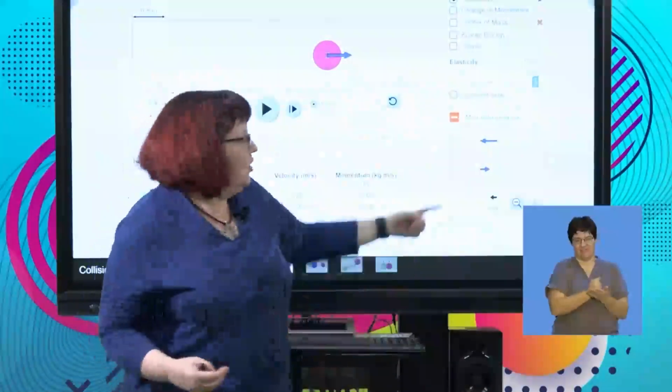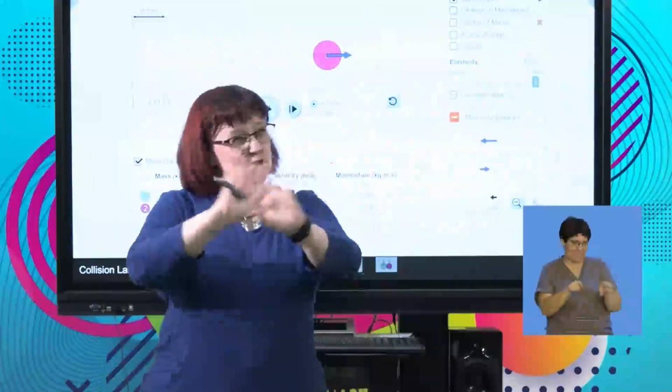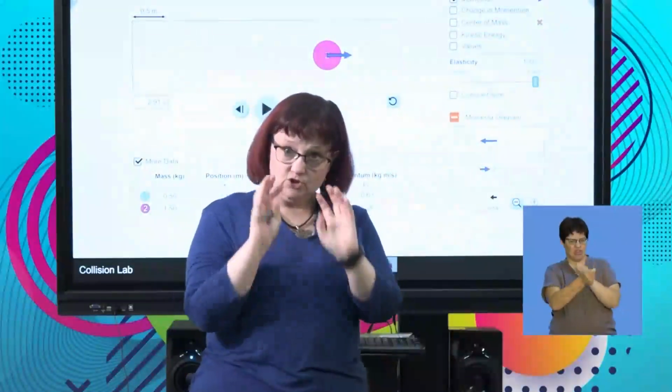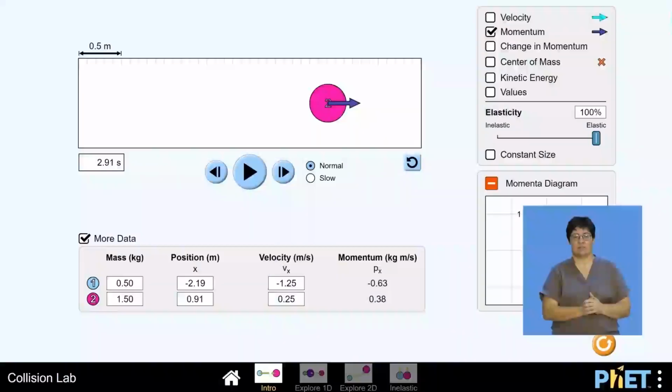And it can't change because momentum's always conserved. I'm okay with the fact that the object's momentum's changed, okay? That's fine. They need to change by the same amount, basically, but we'll talk about those later, okay? We will definitely deal with the change in momentum with each one later, so don't stress. So this first one, they come together, they collide, and then they move apart. So that's one option of what can happen.